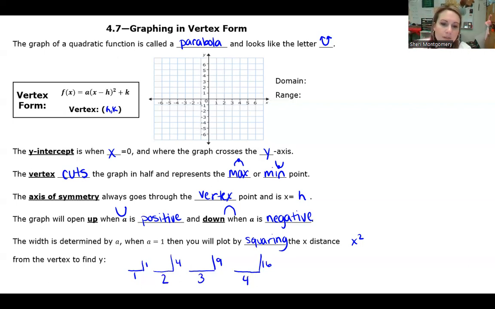What that means is that if I come up to this graph, we're just going to graph the parent function. Parent function is y is equal to x squared. That's the parent function for a quadratic. If y is equal to x squared, what would the vertex be?